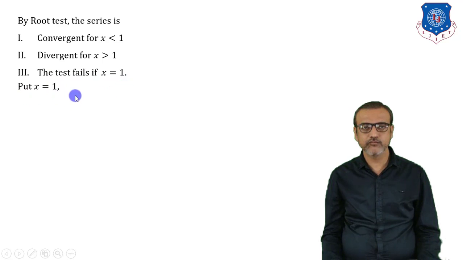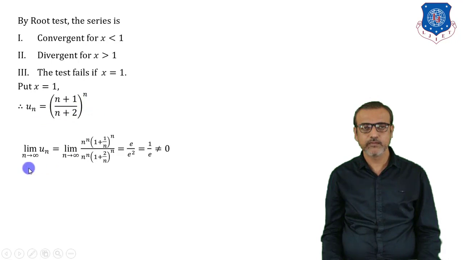Now put x equals 1, u_n equals ((n plus 1) upon (n plus 2)) the whole raised to n. Now limit n tends to infinity u_n equals limit n tends to infinity, taking n common from the numerator and denominator, n raised to n into bracket (1 plus 1 upon n) the whole raised to n divided by n raised to n into bracket (1 plus 2 upon n) the whole raised to n.